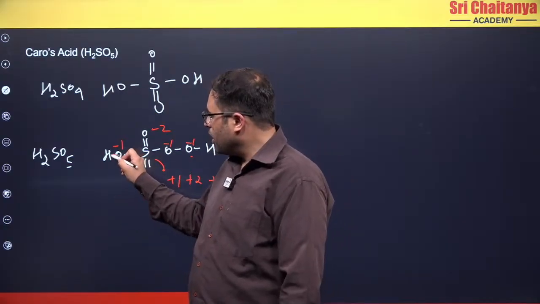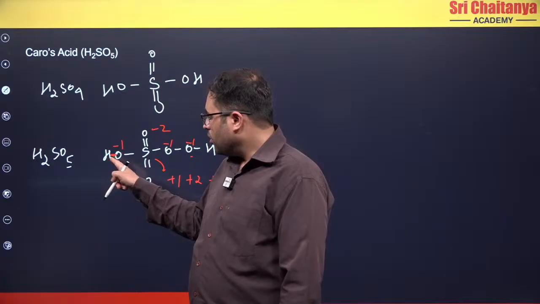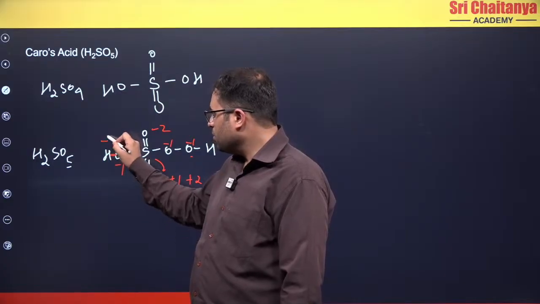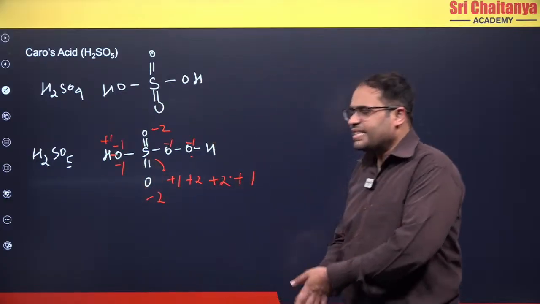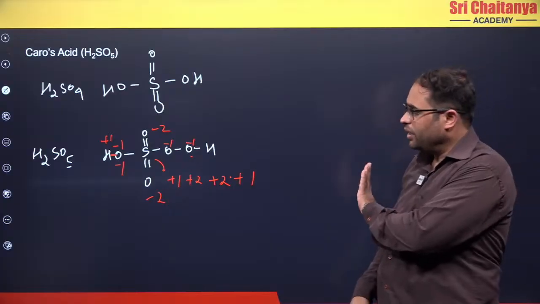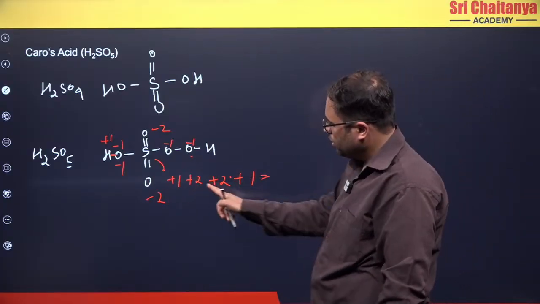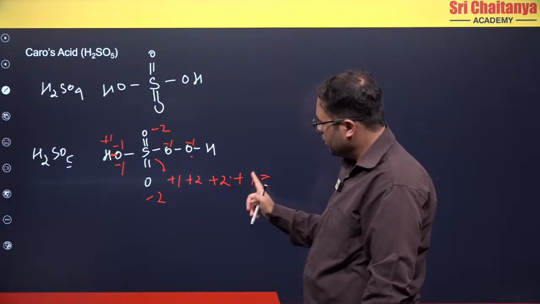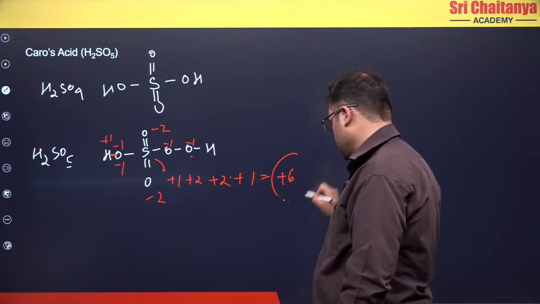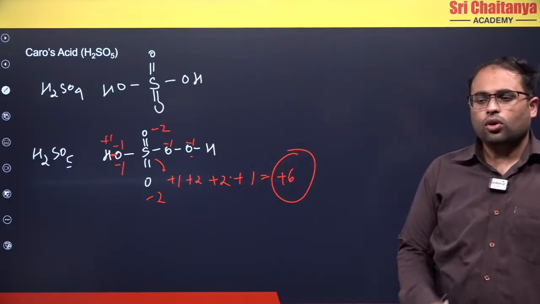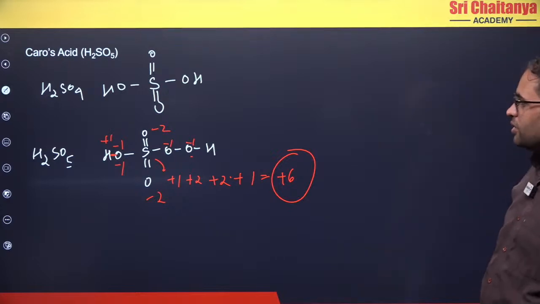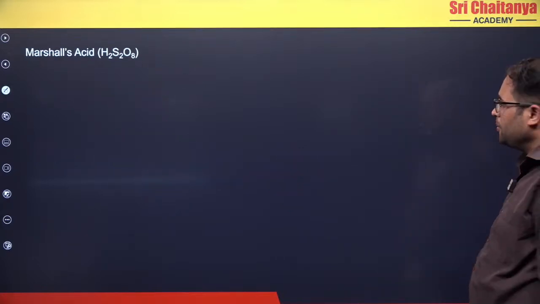And even in this bond now, oxygen is more electronegative, -1 here, +1 here. So like this, you should be able to find. Now add this up, the total oxidation state on sulfur, 4, 5, 6, +6. So sulfur has +6 oxidation state in Caro's acid.